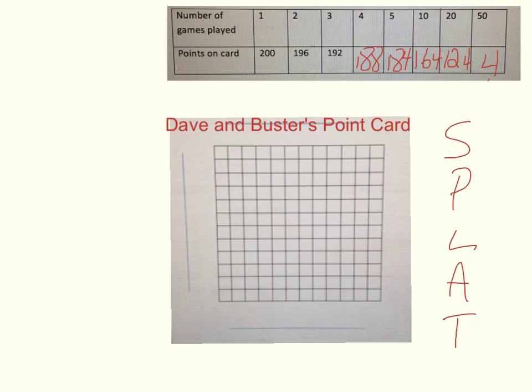So number of games played on the x-axis, right there, and points on the card go on the y-axis. Points on the card.